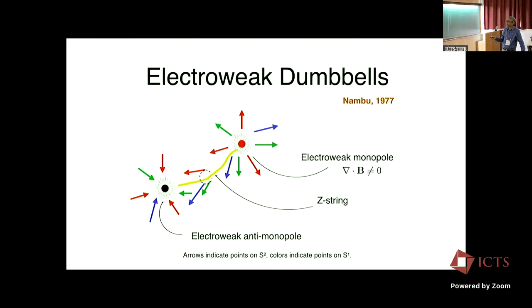But in principle, you can remove these to infinity, and you can just think about the string solution, and the width of that string solution will be the mass of the Z inverse. But it won't be stable. So although the topological argument tells you that the Higgs can't be in its vacuum manifold along these points, it doesn't tell you that there's a stable solution.